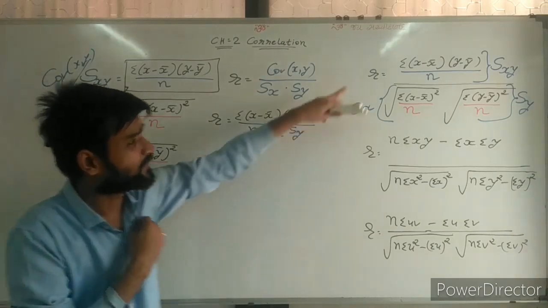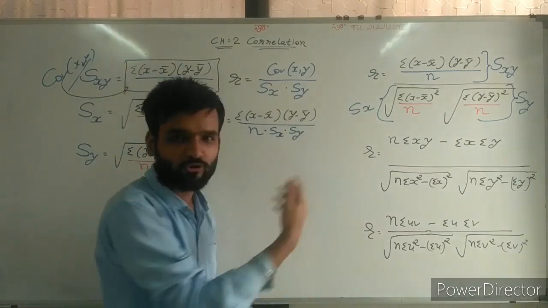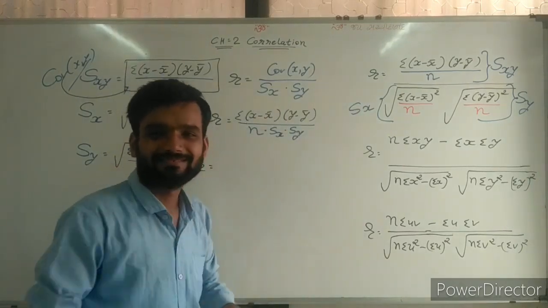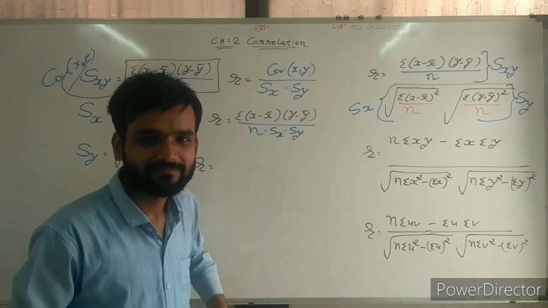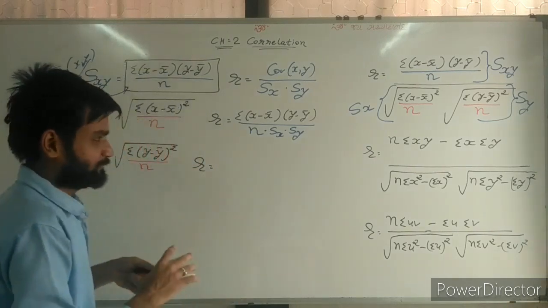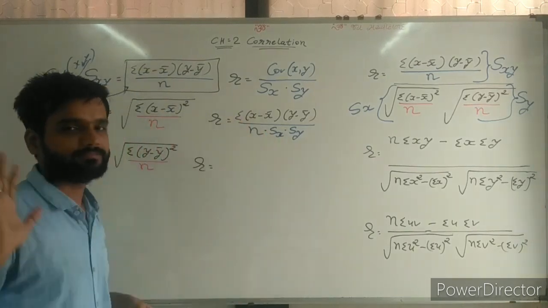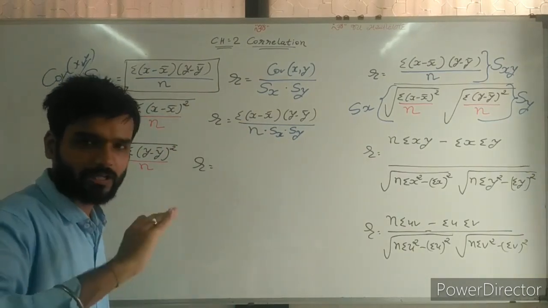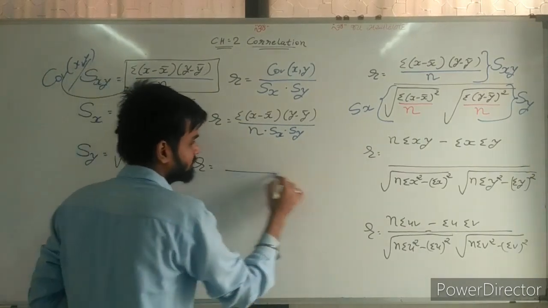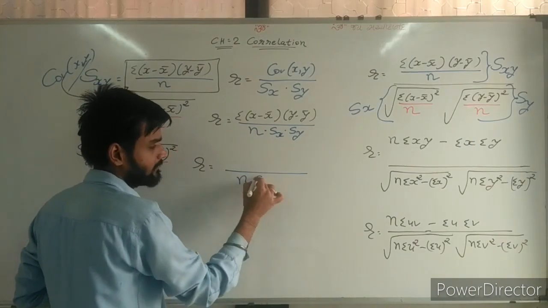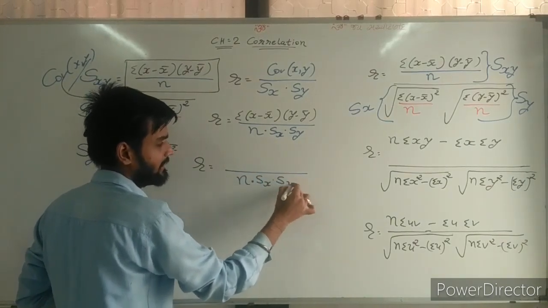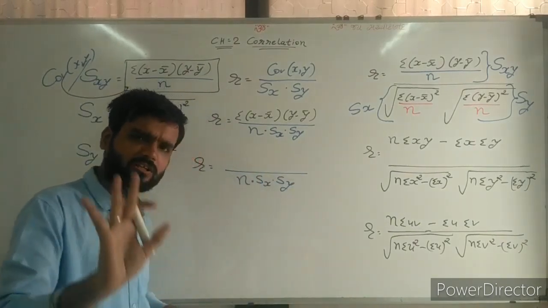Sir, the first formula is clear. Now you do the second also. Try it. How can we find it? Now, the denominator remains the same. First of all, the denominator remains the same. So I am writing here n Sx Sy. Denominator same.